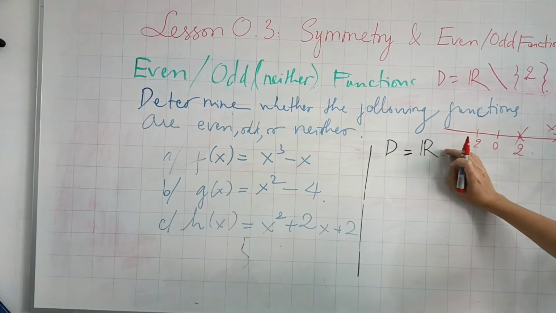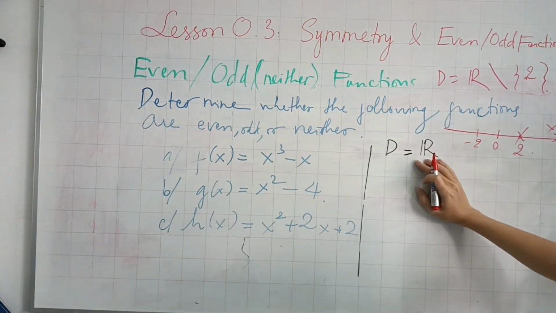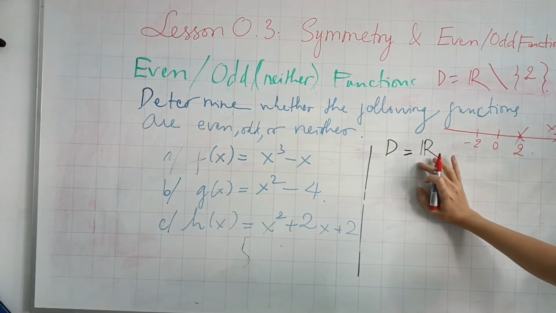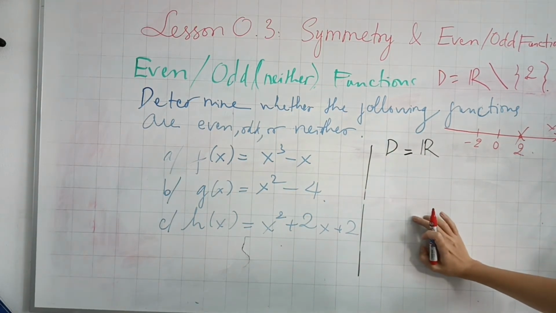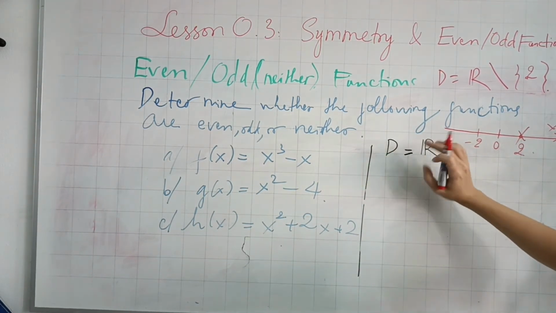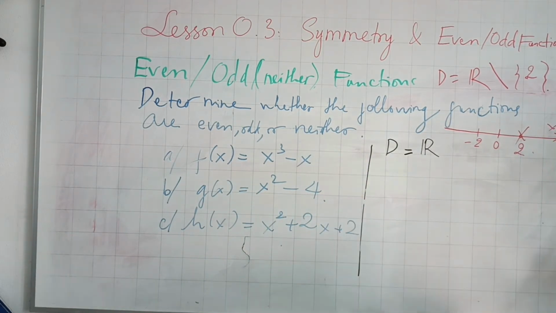That's the first step, not satisfied. And if D equals R, a whole set of real numbers, you will do the second step to conclude what type of function these are: even, odd, or neither.